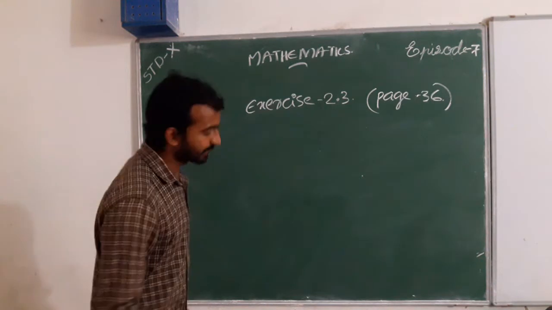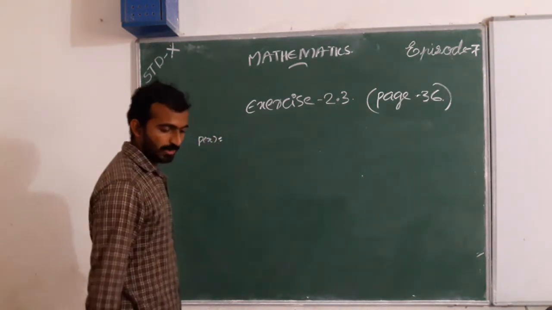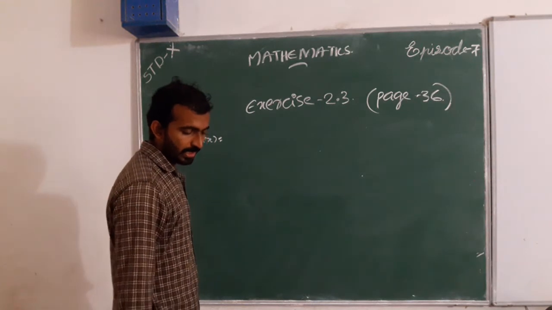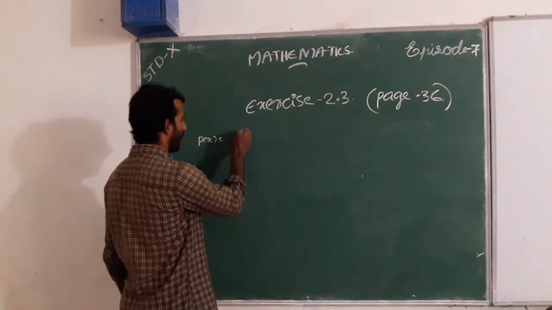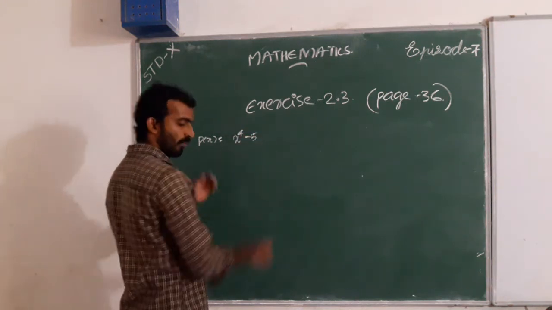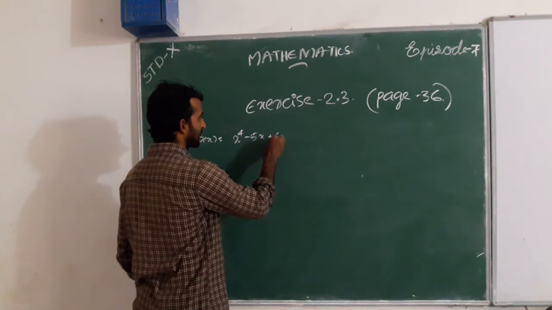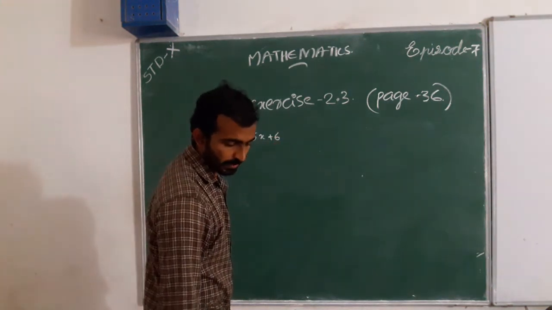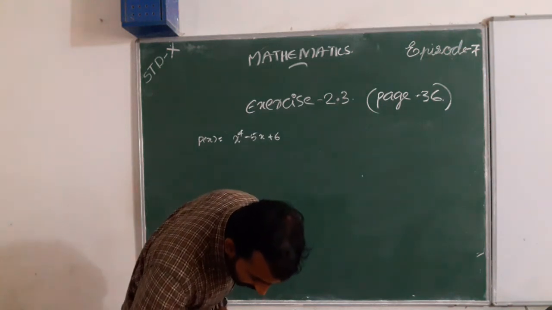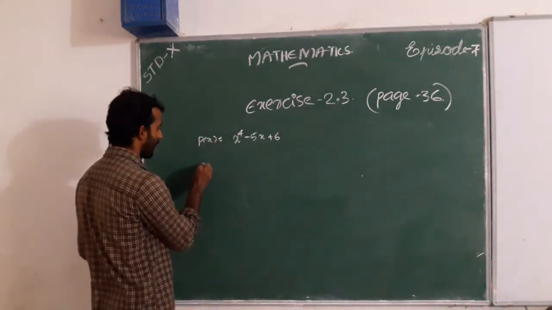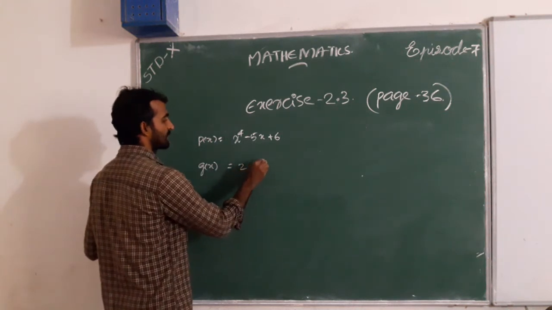And the third one is p of x equal to x raised to 4 minus 5x plus 6. And we want to take g of x equal to 2 minus x square.